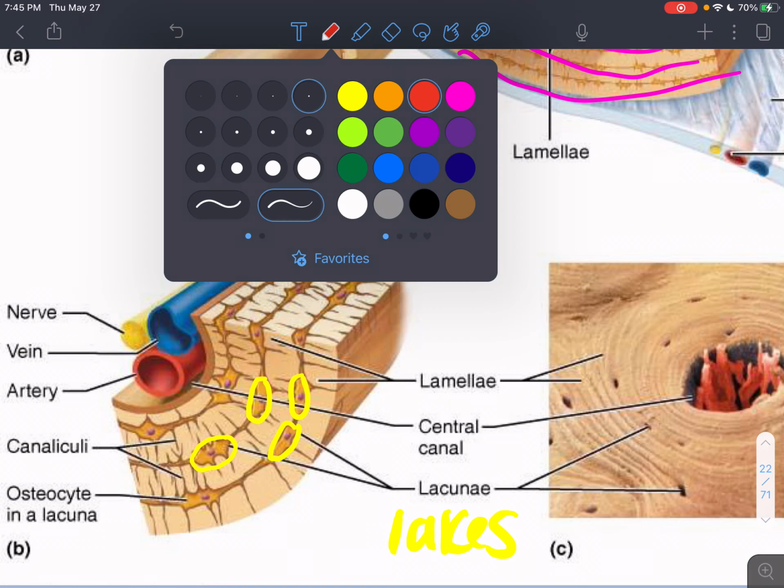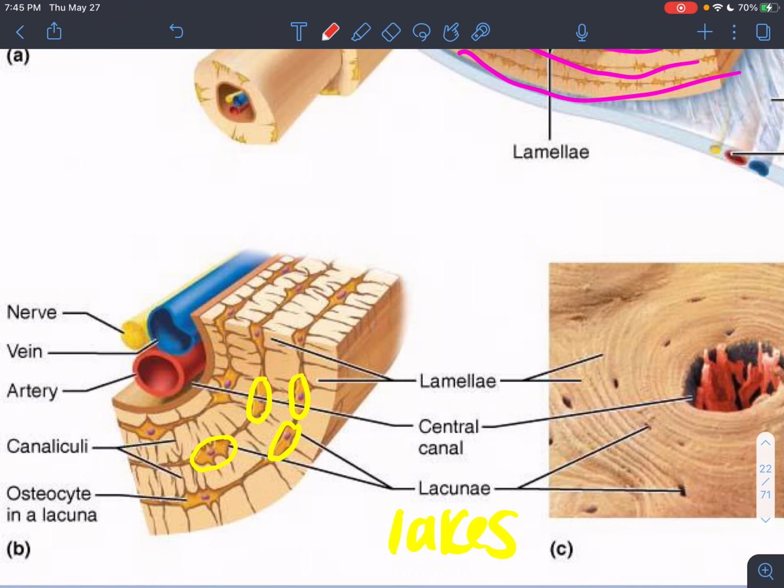And inside of the lakes, you have your osteocytes. So these red little dots are the actual individual bone cells. Okay, so it's a connective tissue. So the majority of bone is that matrix, right, made of different fibers and minerals and all that stuff. But you have actual osteocytes, the bone cells, within the lacunae.